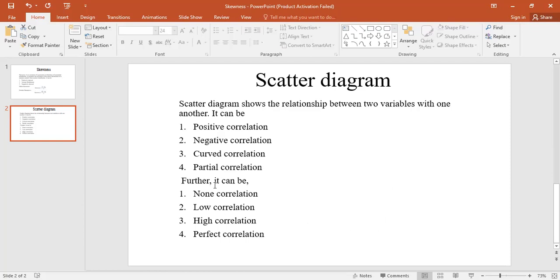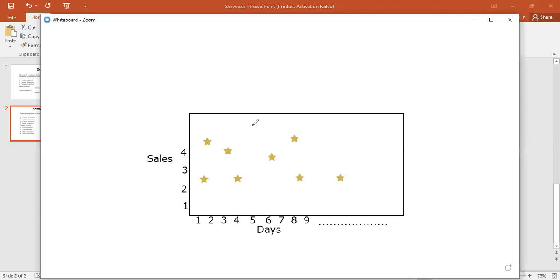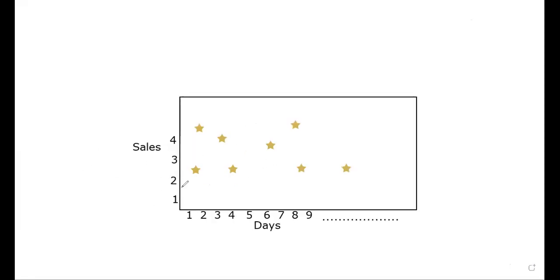First of all, we can discuss non-correlation with this type of example. This graph actually says no correlation. That means there are different sales on different days. Then it is called non-correlation.